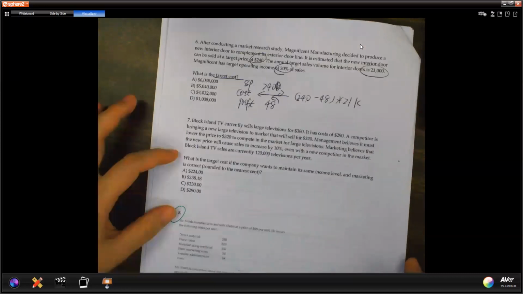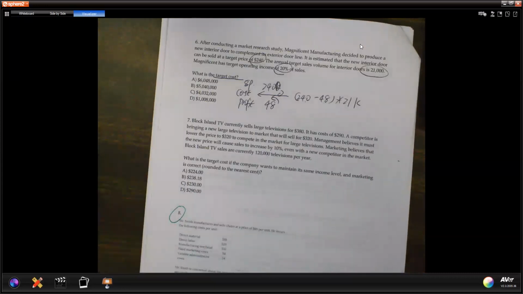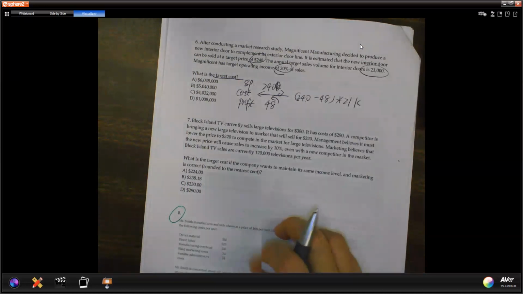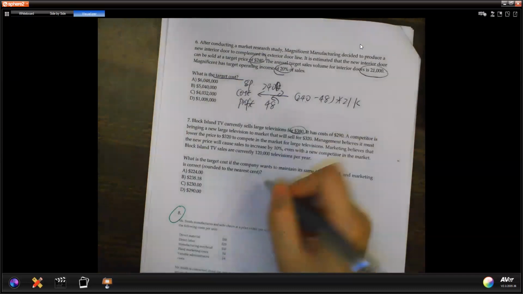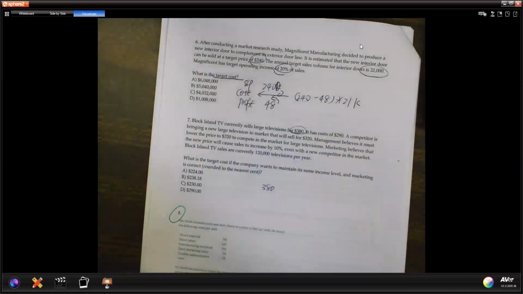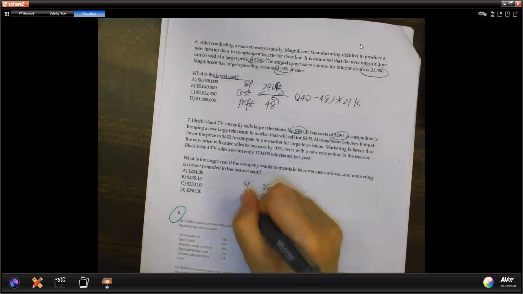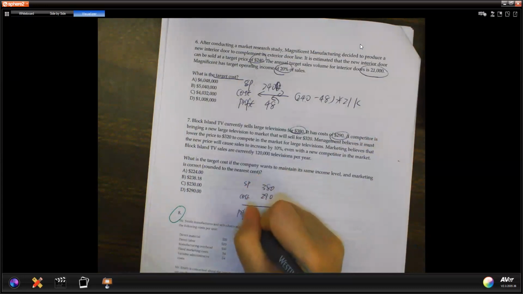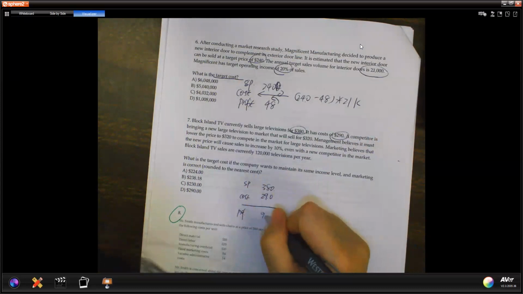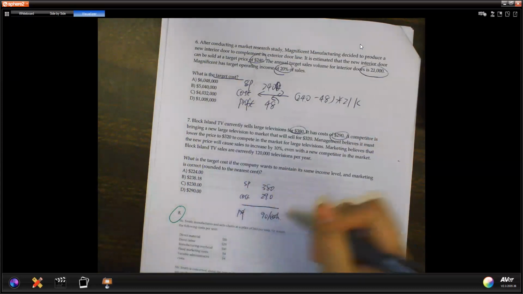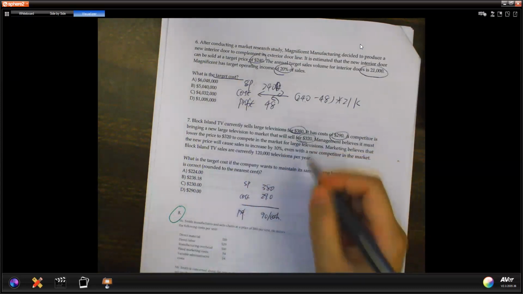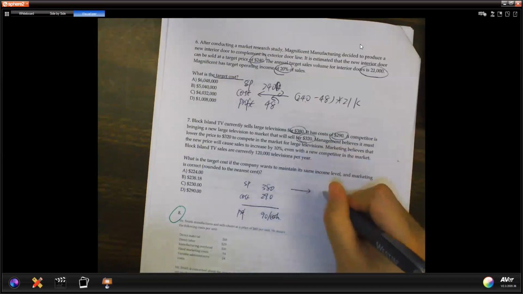Question 7 and question 8, they are very similar. So I'll just do one. I can do two also. So basically, your selling price currently is 380, and then the cost is 290. So that's your selling price. That's your cost. It gives you profit for each one of $90, I believe. So now someone said, hey, you have competitors, they are selling at 320.